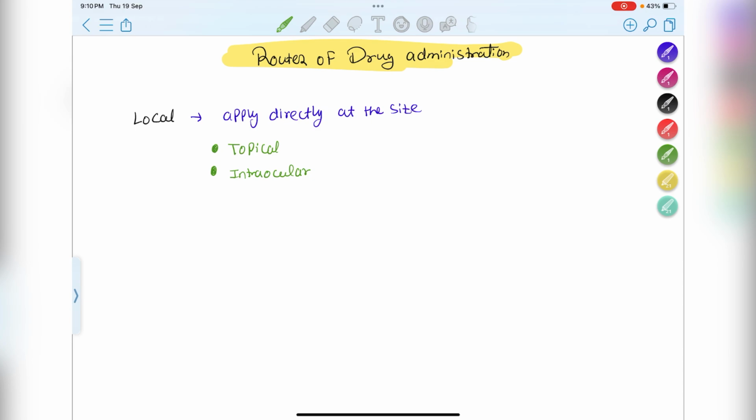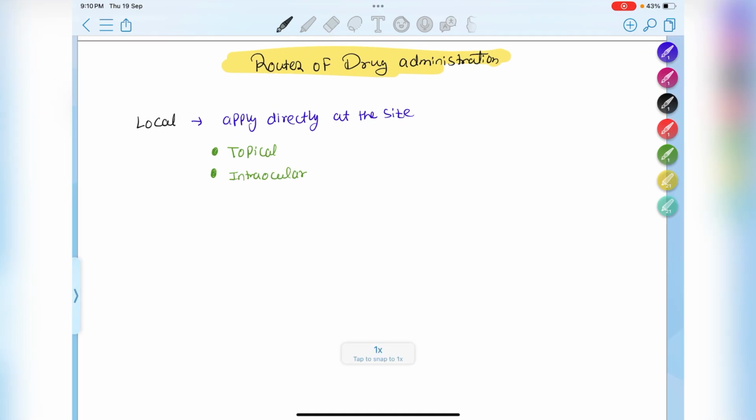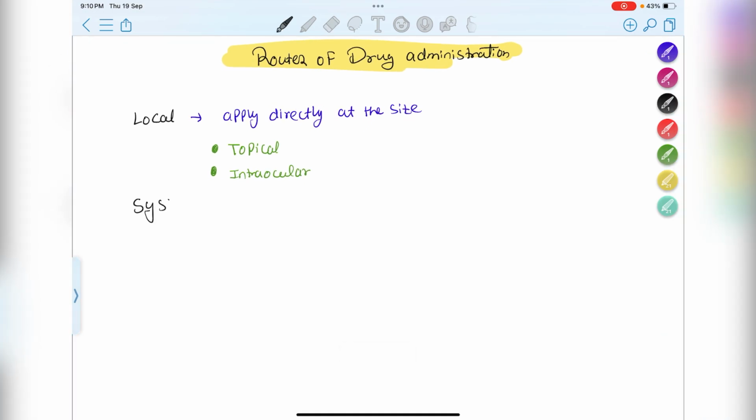Then we have the systemic way, by which the drug will enter our body. In this also there are two ways. First is enteral, another one is parenteral. What is the difference between these two?